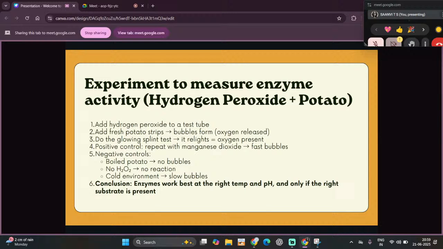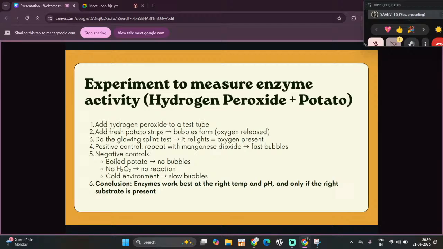We do the glowing splint test, which relights, which implies that oxygen is present. Now, if I do the same test, that is hydrogen peroxide, potato strips, and add manganese dioxide to it, then the bubbles are faster released. So this means that manganese dioxide is an enzyme because the reaction is happening faster.